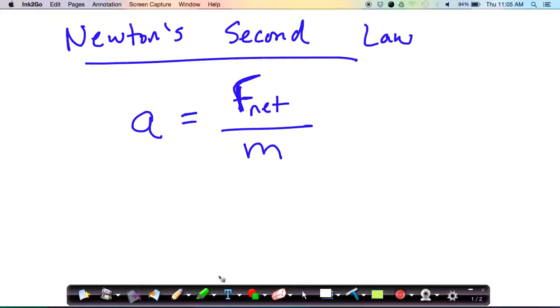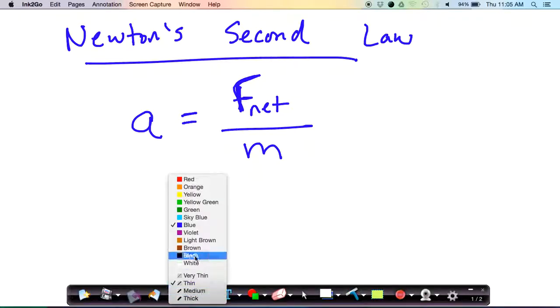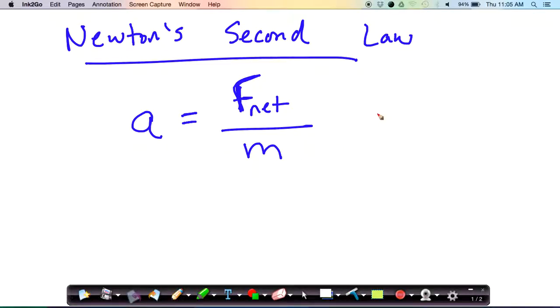Now let's talk a little bit about units of measurement here. You might remember from Chapter 2 that the unit of measurement of force in the SI system is the newton. Mass is kilogram. Now we've seen newtons per kilogram before when we quantified gravitational field strength in Chapter 2. You might recall that a newton is actually equivalent to a kilogram times meters per second squared.